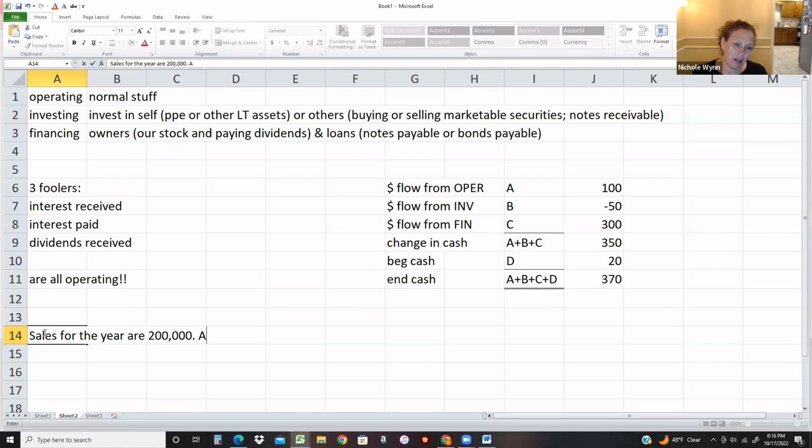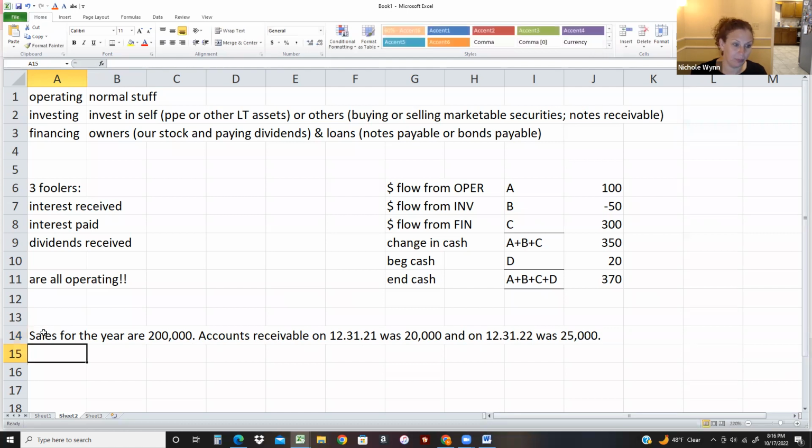Accounts receivable on 12/31/21 was 20,000, and on 12/31/22 was 25,000. What was cash received from customers?